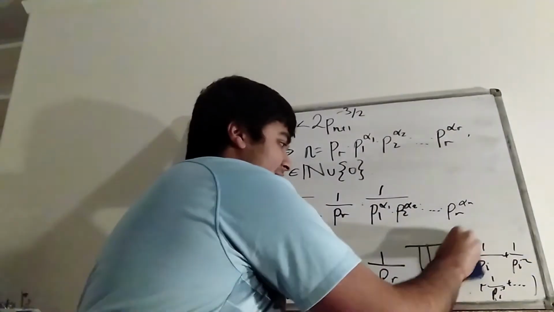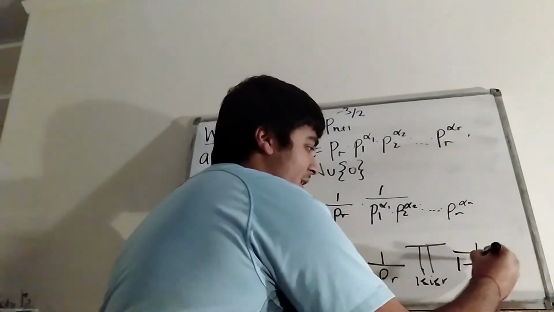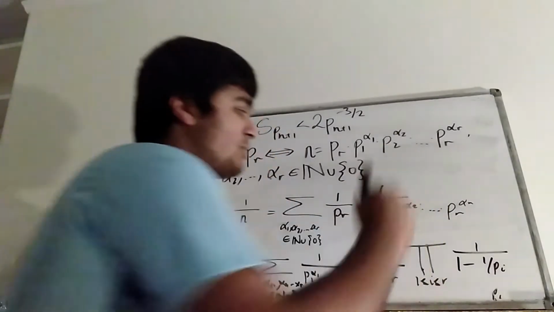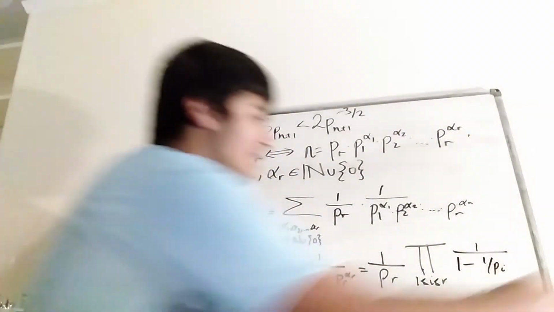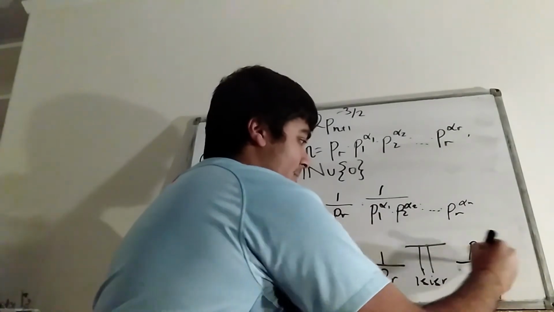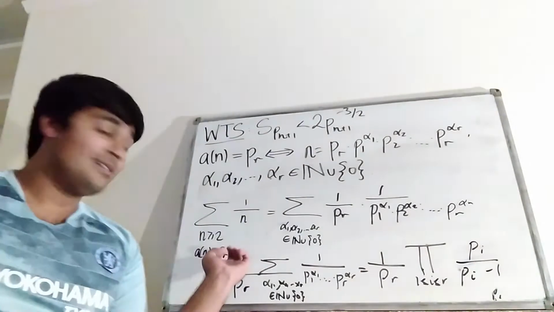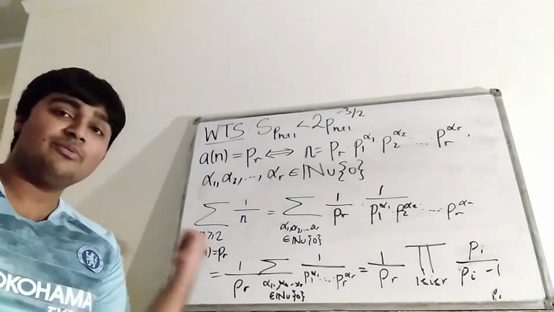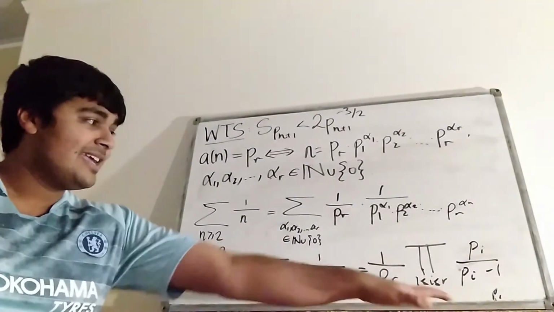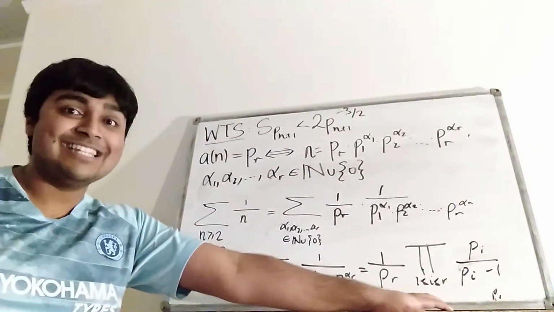This is precisely 1 over 1 minus 1 over p_i, and multiplying top and bottom by p_i, this equals p_i over p_i minus 1. So we've written the sum from n greater than or equal to 2, for which a_n equals p_r, of 1 over n, in this nice product form. Let's move up to the top of the whiteboard and continue.